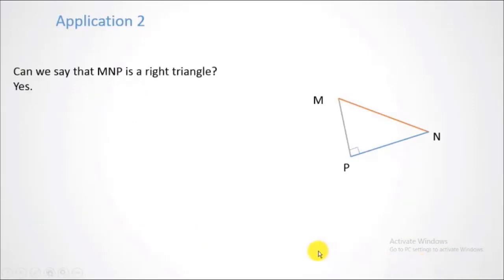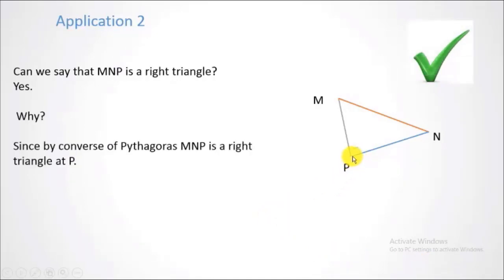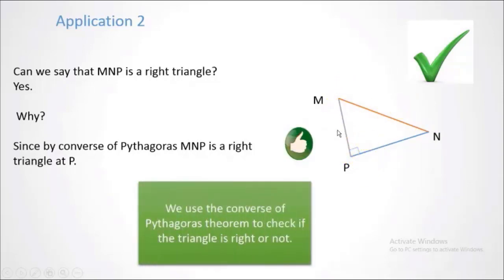Yes, MNP is a right triangle at P, since the converse of Pythagoras theorem is verified. MN is the longest side, then MN is the hypotenuse. So, MNP is right at P. We use the converse of Pythagoras theorem to check if the triangle is right or not.